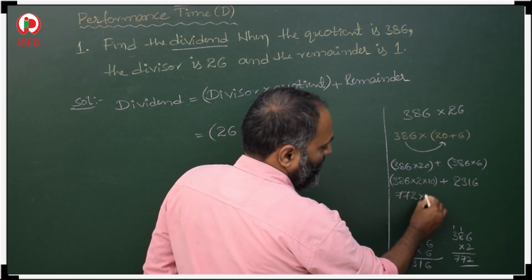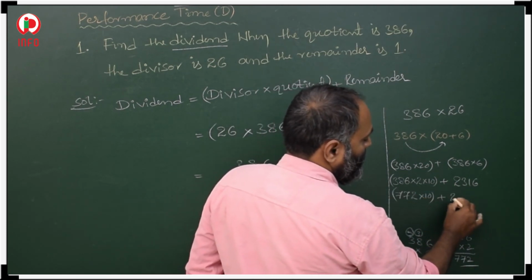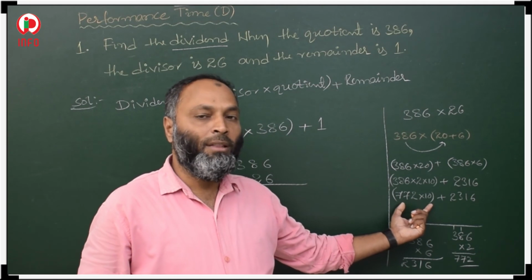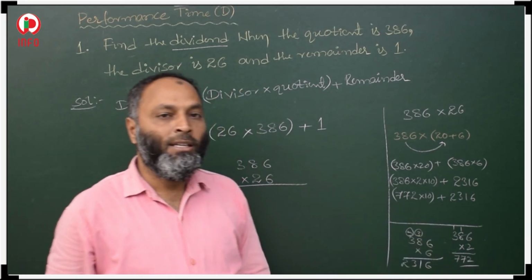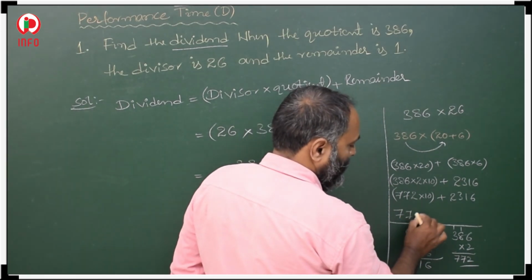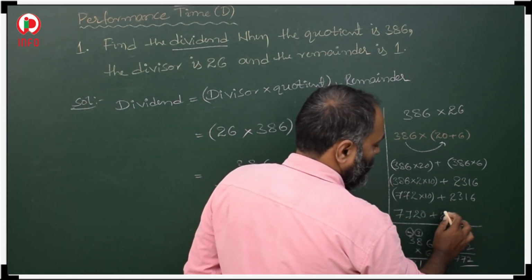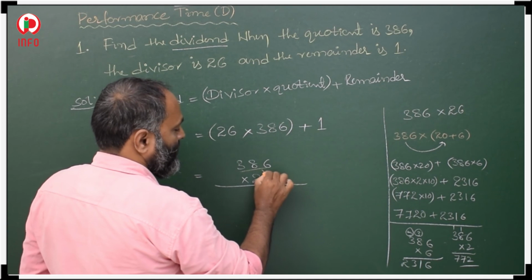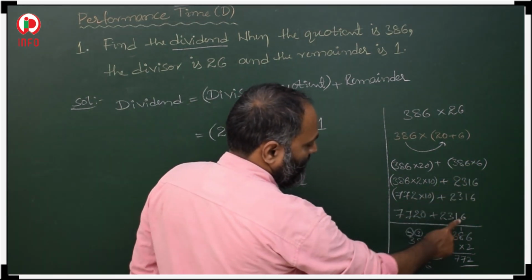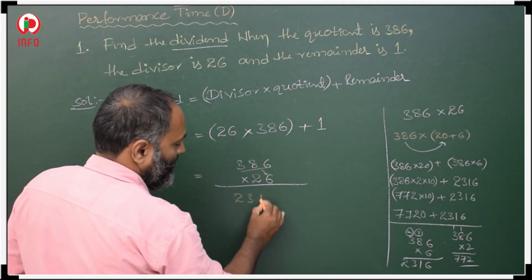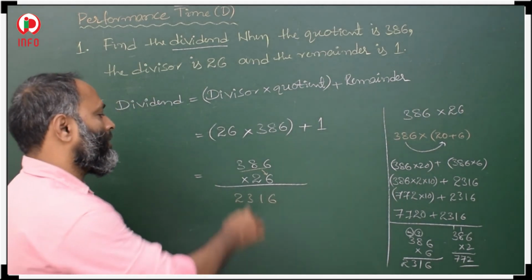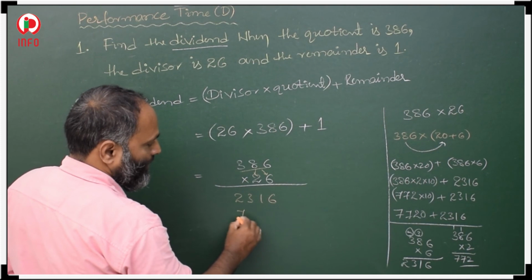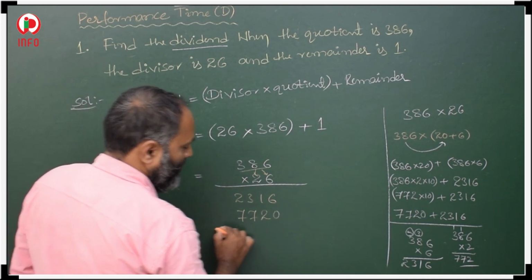So 772 into 10 is 7720, plus 2316. 386 with 6 is 2316, and 386 with 20 is 7720. Now add.